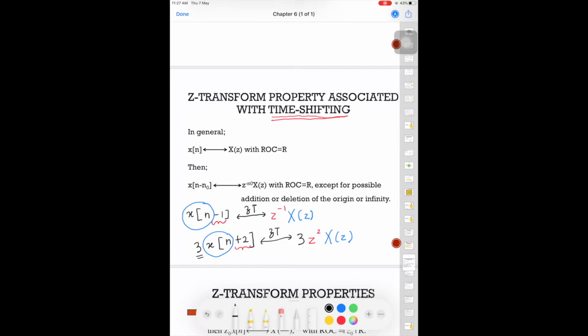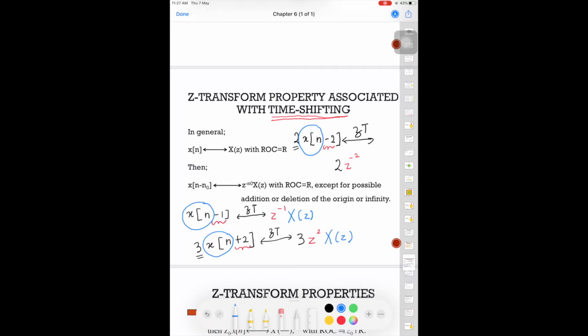Maybe I give you one more example. We have x[n-2], and we are going to find the Z transform. Constant, constant, and then we have time shifting, so we have z^-2.